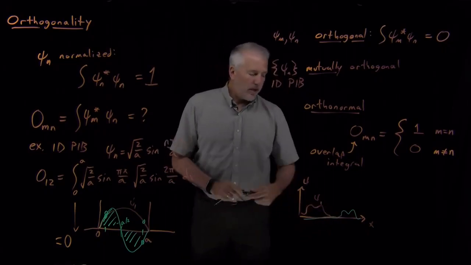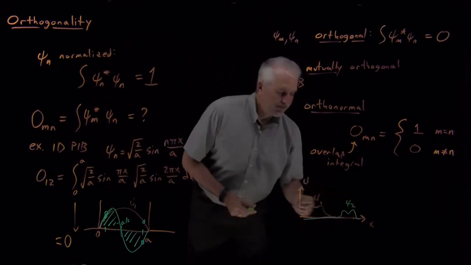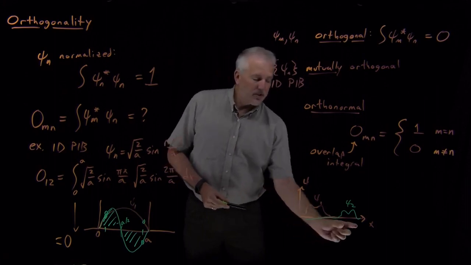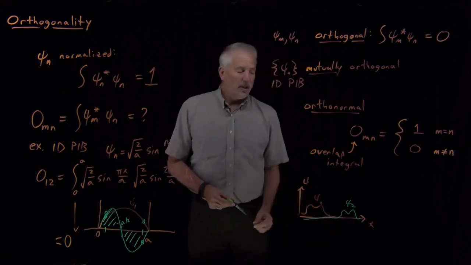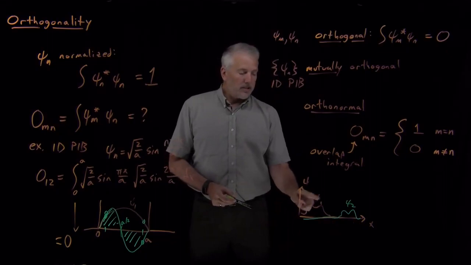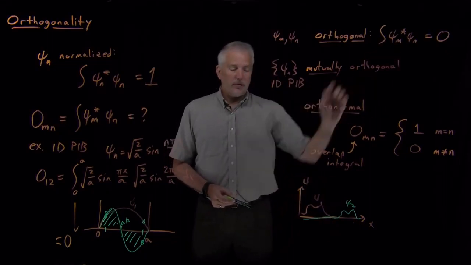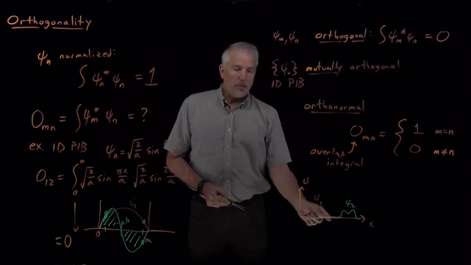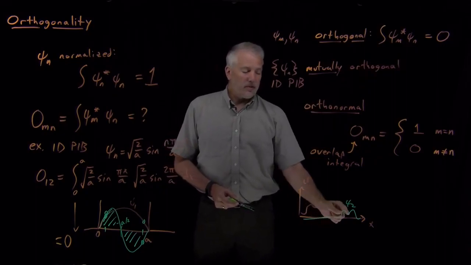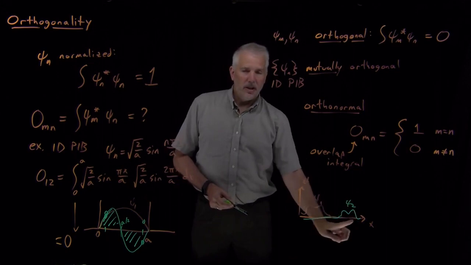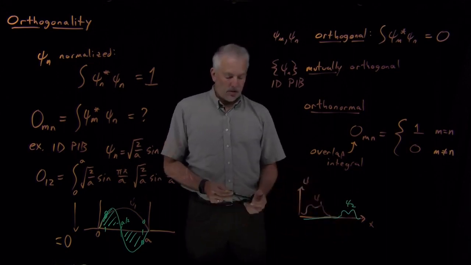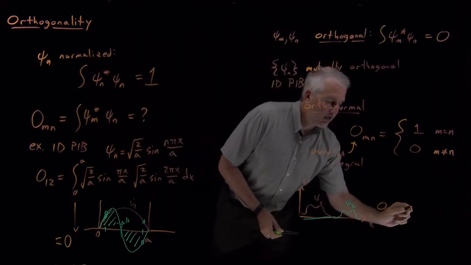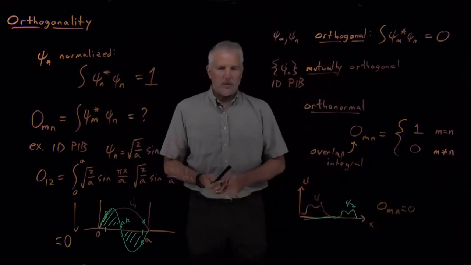So the way I've chosen to draw these wave functions, psi1 is non-zero only in this region, psi2 is non-zero only in this region, and when I multiply psi1 times psi2, when I do an overlap integral, then psi1 may be non-zero, but it's being multiplied by a 0 psi2, and vice versa. Wherever psi2 is non-zero, it's being multiplied by psi1 equal to 0. So for this particular case, the overlap integral would turn out to be 0.